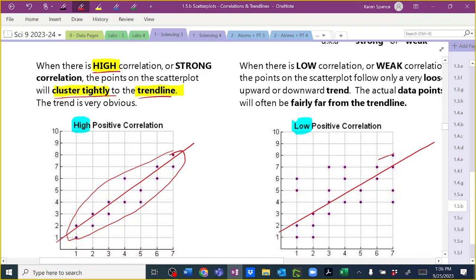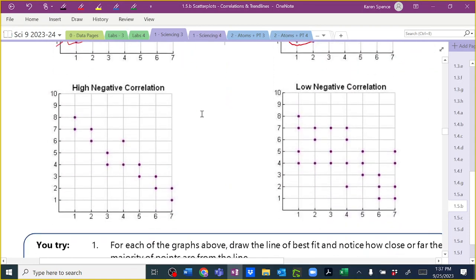If you draw your blobby shape here, it's a little further from the trend line. Having drawn that, it makes me want to make my slope a little less steep, a little more shallow. But close enough, right? You can have a high negative correlation, draw your trend line, and a low negative correlation.